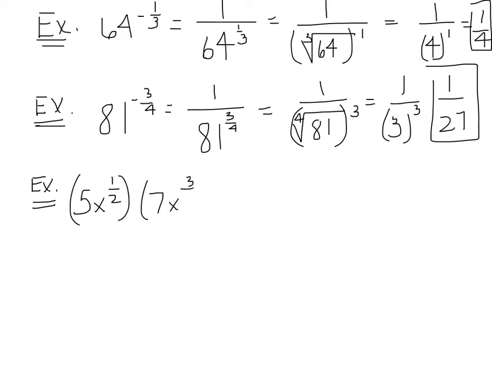That you add the exponents if the bases are the same. So the coefficients, the 5 times 7 is still 35. But with the exponents now, for the variables, you're going to have to add them, which means we have to get a common denominator. So the common denominator is 4. So I have to multiply the top and bottom by 2.